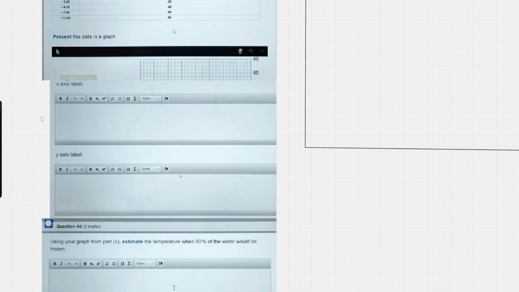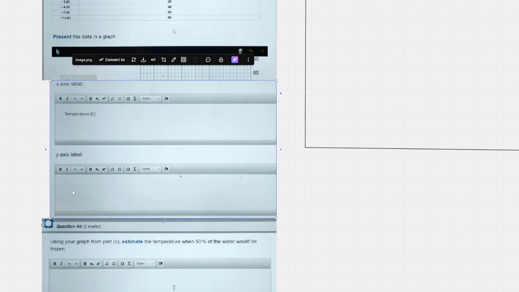The first one you would have for the x-axis would have temperature, and you have to write C because Celsius. And then for the y-axis you would have percentage of ice cream frozen.